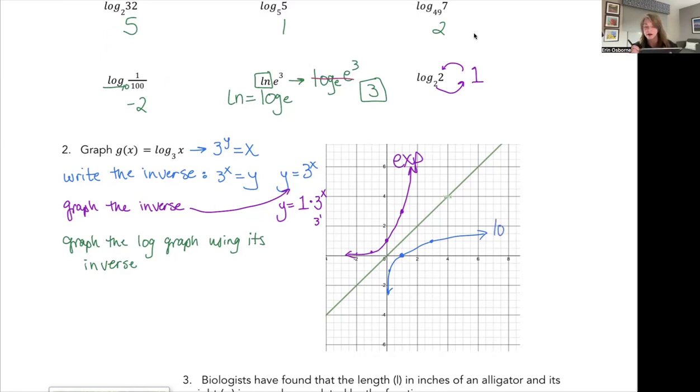This would be log base 3 of x, or y equals log base 3 of x, or g of x if I used the function notation. One last little thing I could put next to this is g inverse up here, this purple one we graphed, which is the exponential.